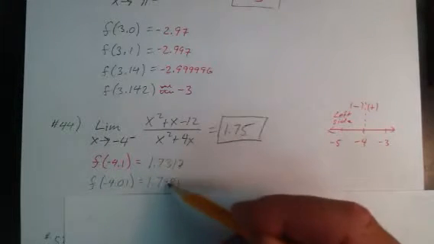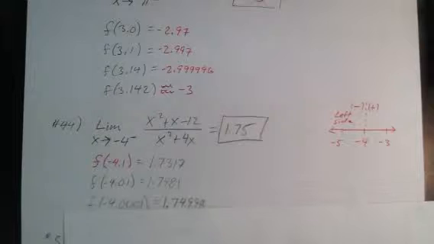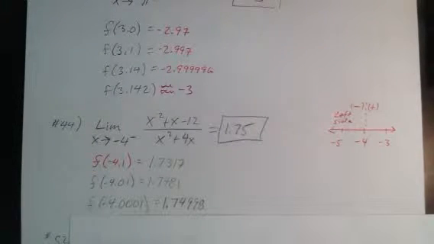The only thing that really changed right here, still wasn't very confident, so I took this to an extreme. Got really close to -4 on the left side. And I can see that this is getting pretty close to 1.75. As I played with this and used even more numbers, it did get closer to 1.75.